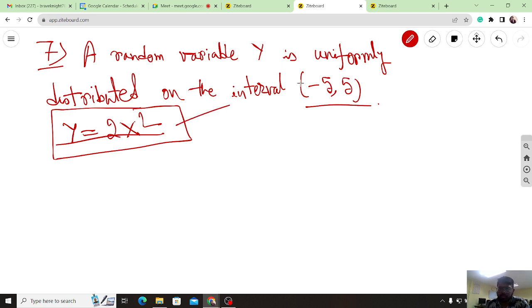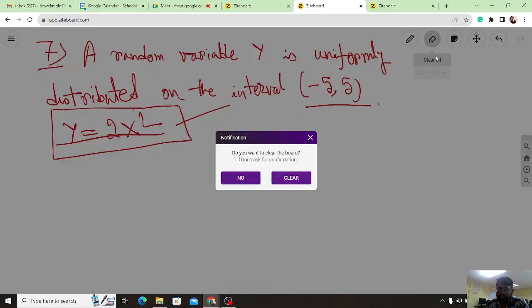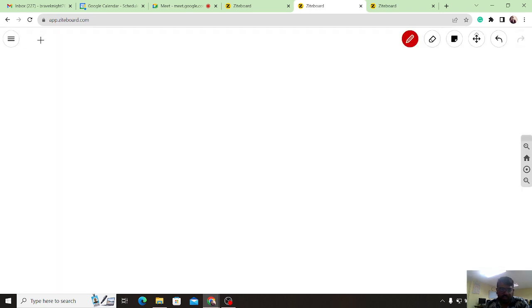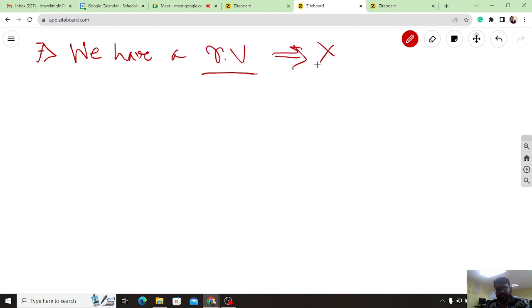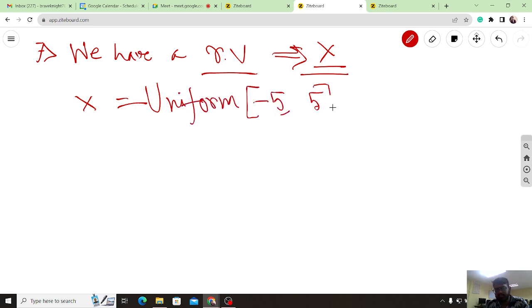So let's redefine the question. I made a mistake here. So it says we have a random variable x, and x is a uniform distribution within range -5 to 5.